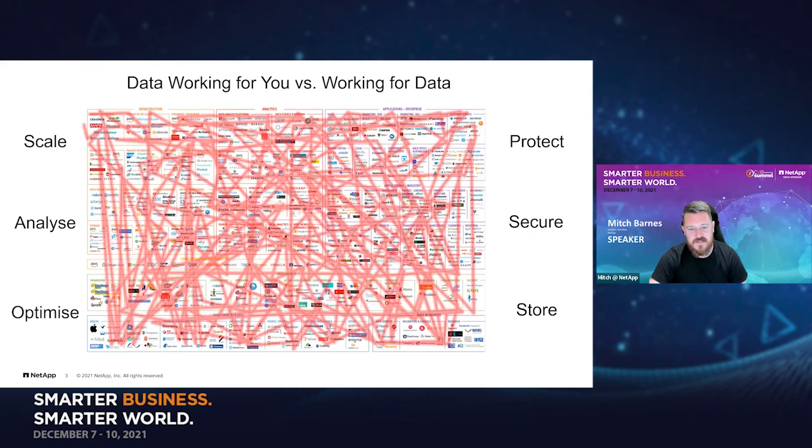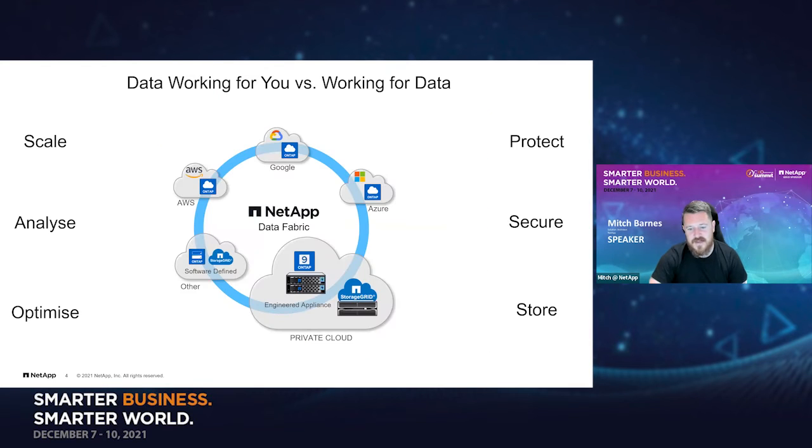If you think about all these different things, the one thing that NetApp's built over many years is this concept of a data fabric. And with our ONTAP software, we can help you do that and follow these 6 tenets you can see on the screen here, no matter where your data is.